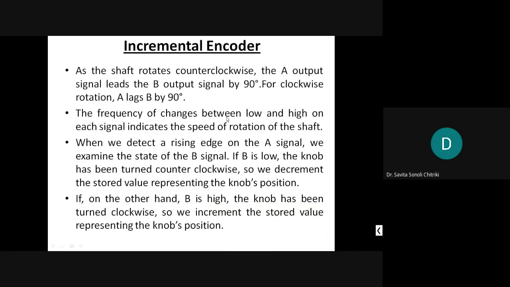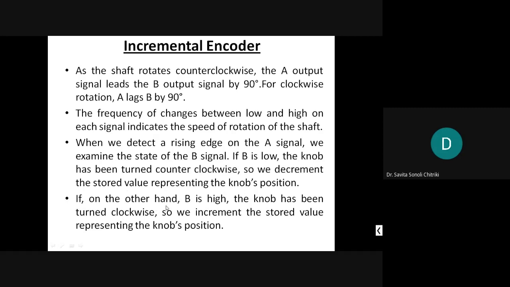So the frequency of changes between low and high on each signal indicates the speed of rotation of the shaft. When we detect the rising edge of the A signal, we examine the state of the B signal. If B is low, the knob has been turned counterclockwise, so we decrement the stored value representing the knob's position.